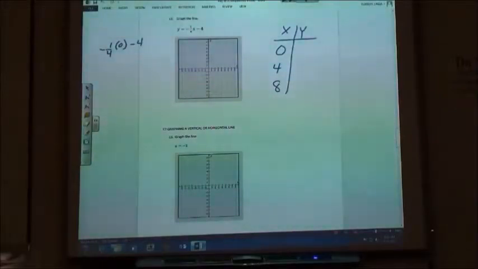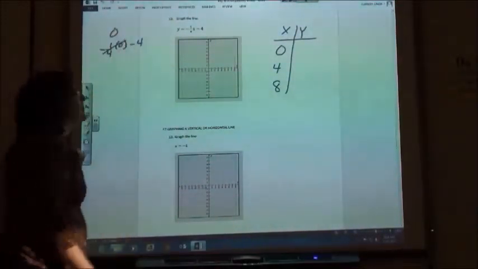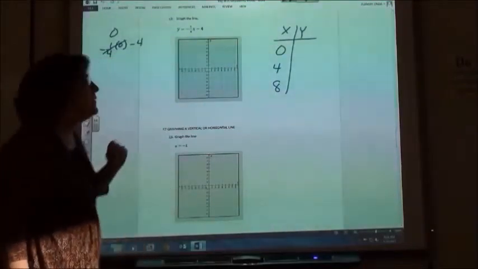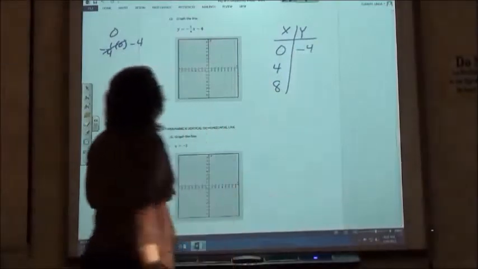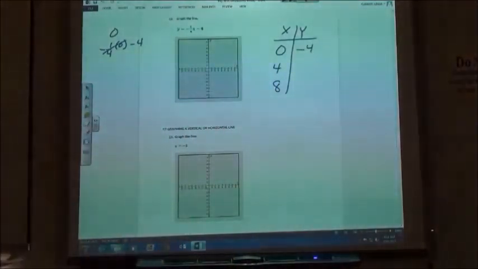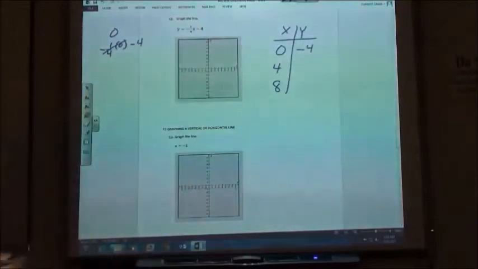All right, so -1/4 times 0 minus 4 would give us 0 minus 4, which is -4. We always get that n number when we put 0 in. It always has to be whatever that n number is.